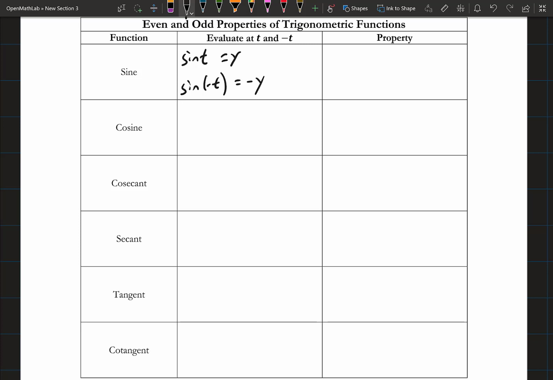So negative y would be equal to negative sine t. If I multiply both sides by negative 1, that gives me negative y equals negative sine t. So the property is that sine of negative t is equal to negative sine t, which means that it's an odd function.